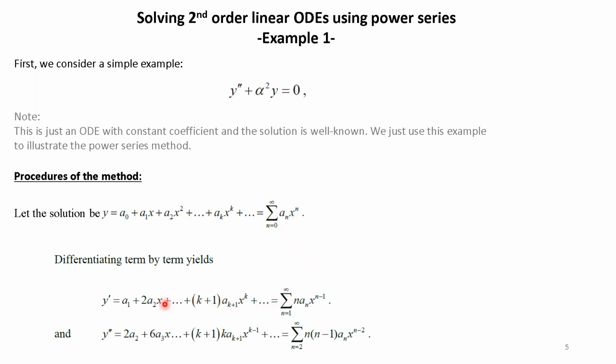Now, if you take the derivative one more time, you get the power series expression for y double prime. Because you take the derivative again, the first term is again killed, so that means you go from n equals 2.